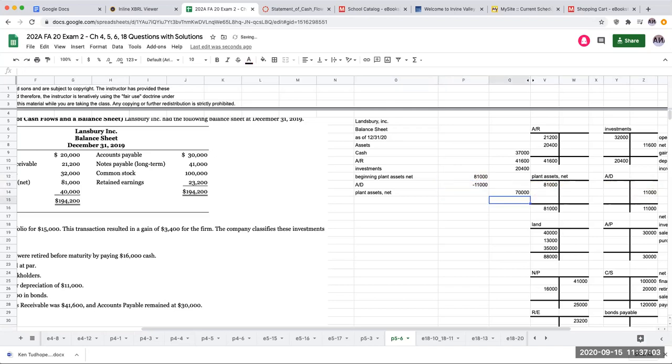So my ending amount here in plan assets is at 70. I have land at 88,000. So I don't think I have any other assets. So my total assets here will be $257,000.